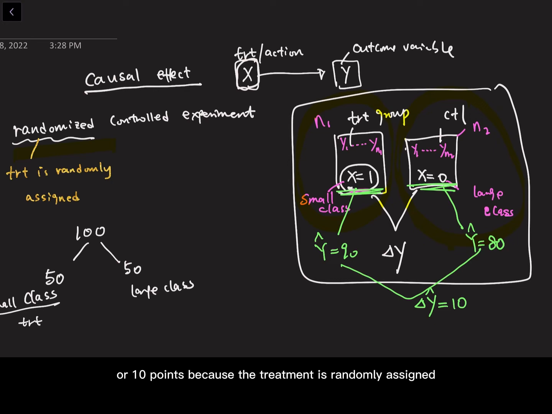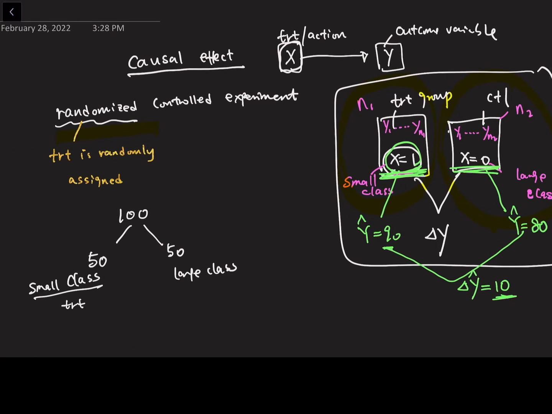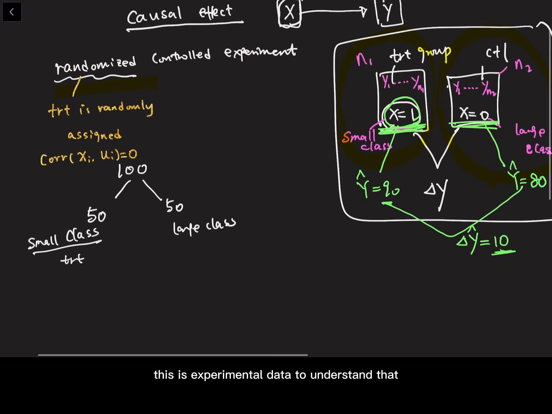Because the treatment is randomly assigned, you can say that the reason you observe the 10-point difference in test score between treatment and control group is because of the treatment itself. Randomly assigned means there's no correlation between the treatment and any other determinants of test score. We can call it the error. So this is experimental data.